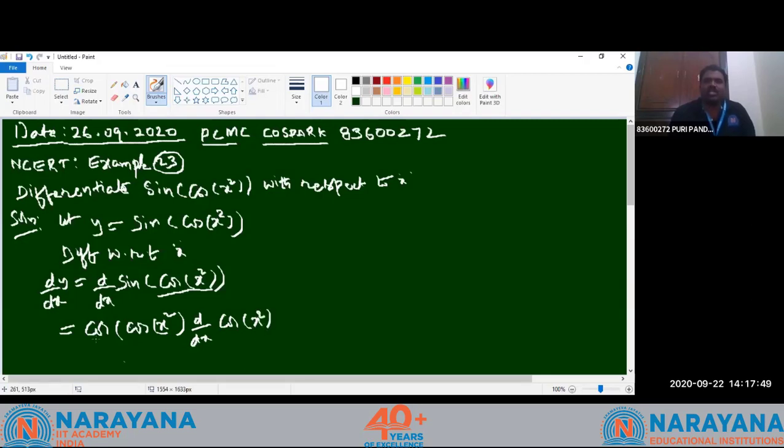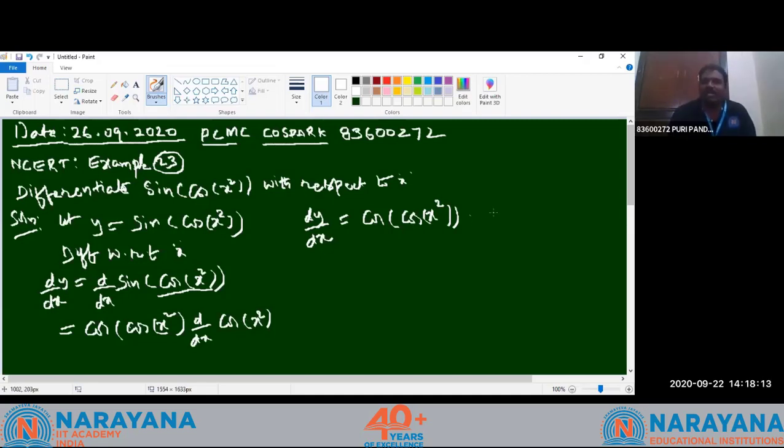So dy by dx is equal to cos of cos x square into the derivative of cos x square. The derivative of cos x type is minus sin x.